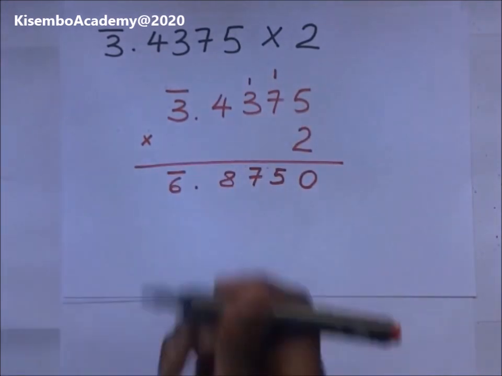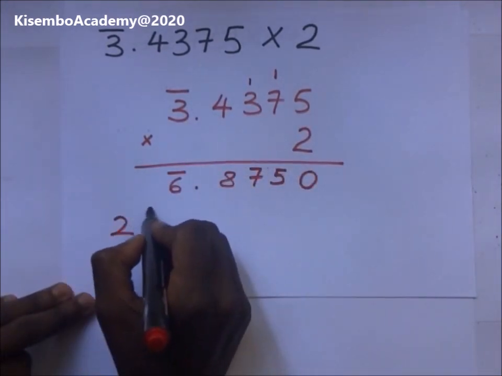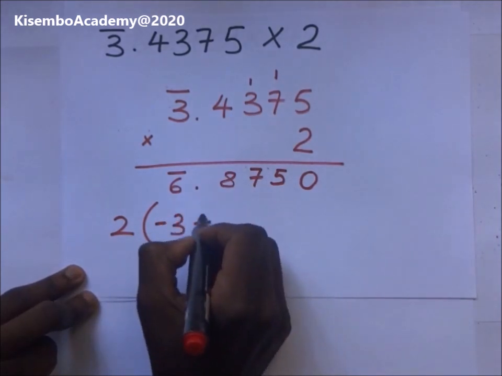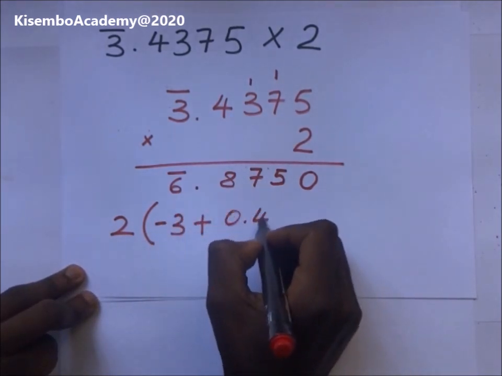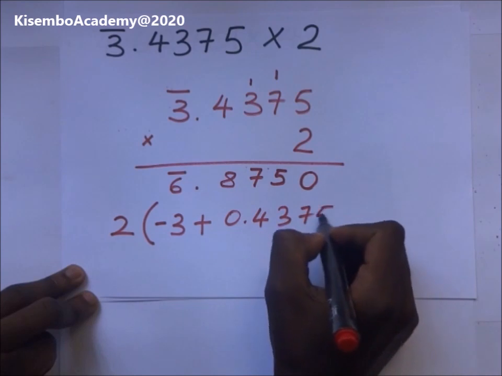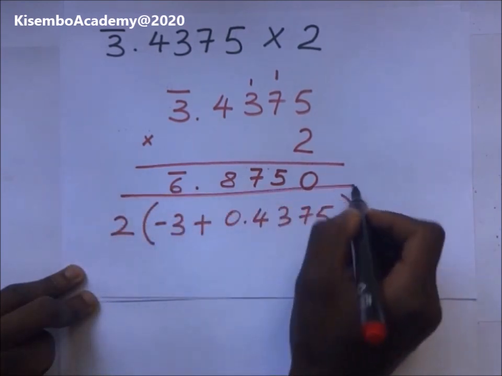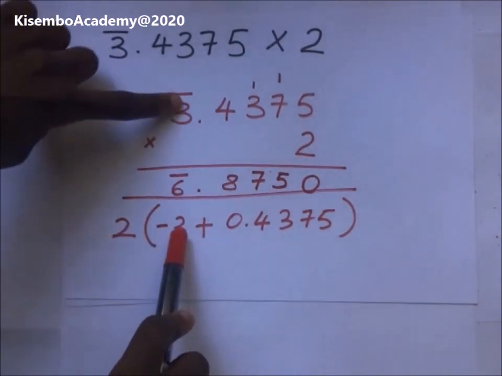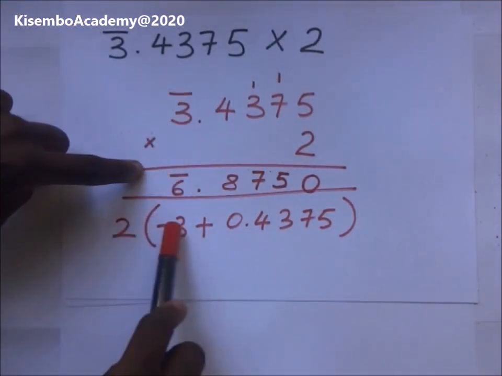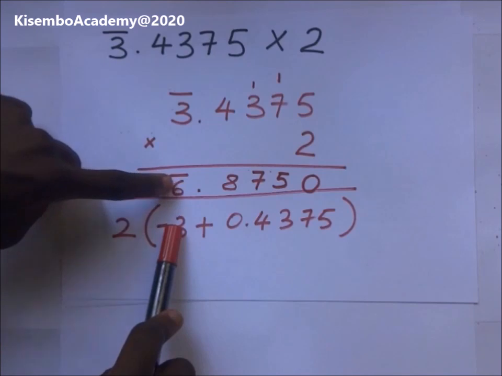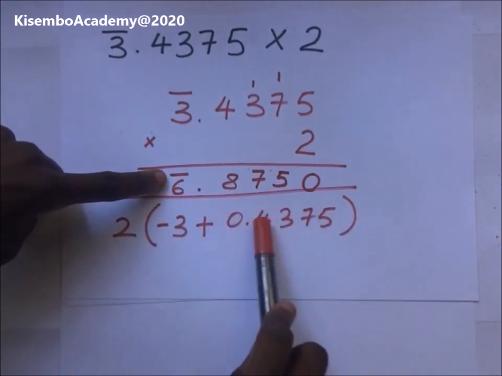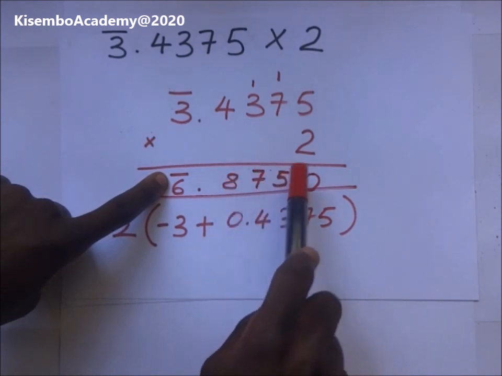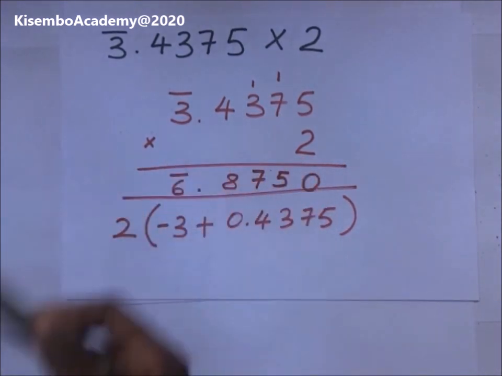If you look at it this way, this is like saying 2 multiplied by negative 3 plus 0.4375. This is how you should look at it. That this negative 3 is independent. 2 times negative 3 gave us negative 6. Then 2 times 0.4375 gave us 0.8750. That is how we should look at it.